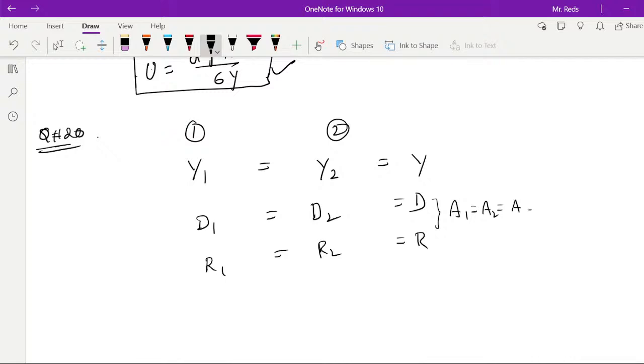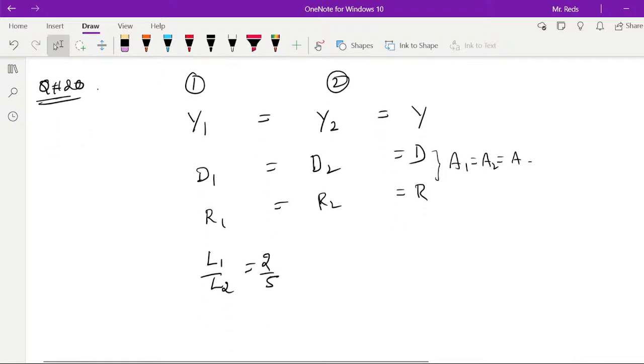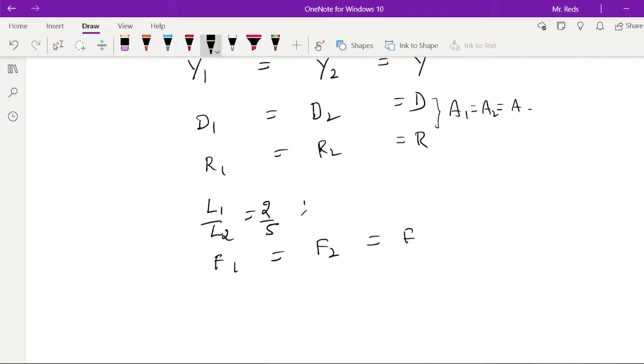The lengths are in the ratio 2 is to 5, so L1 by L2 is equal to 2 by 5. They are stretched by the same force. One more piece of data is given here: the force acting on both, F1 is equal to F2 is equal to F. Then the ratio of work done in stretching them, W1 by W2, is equal to what?